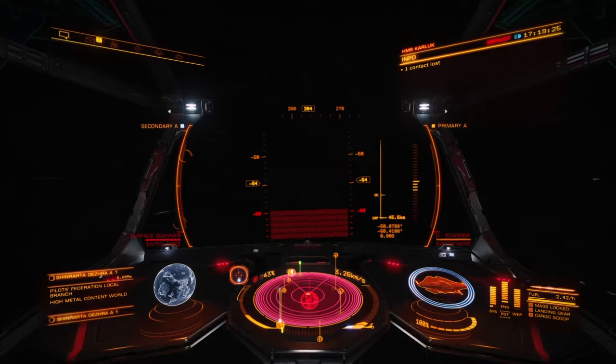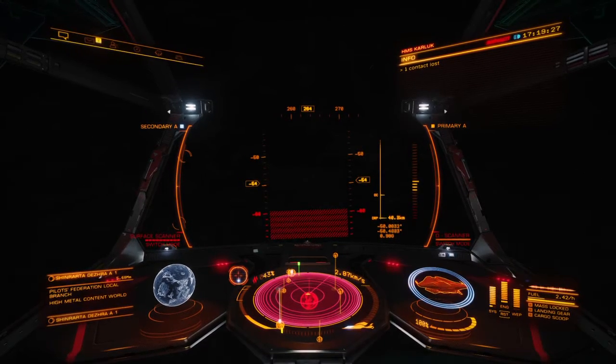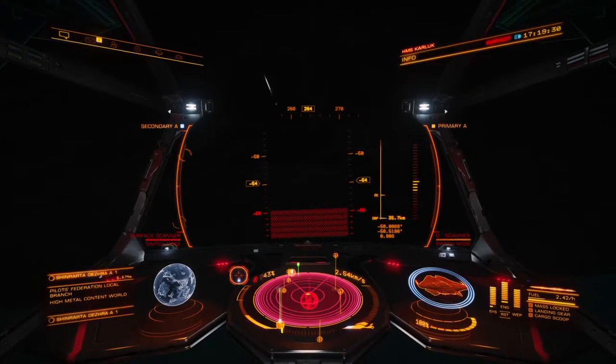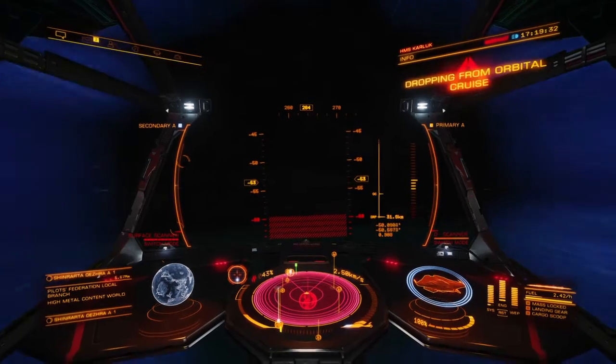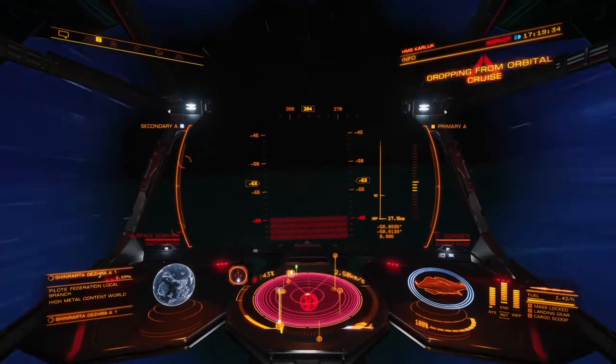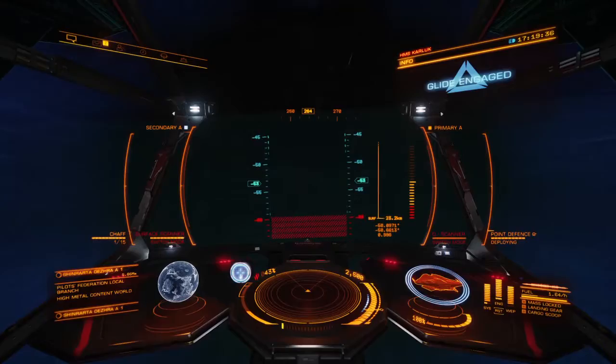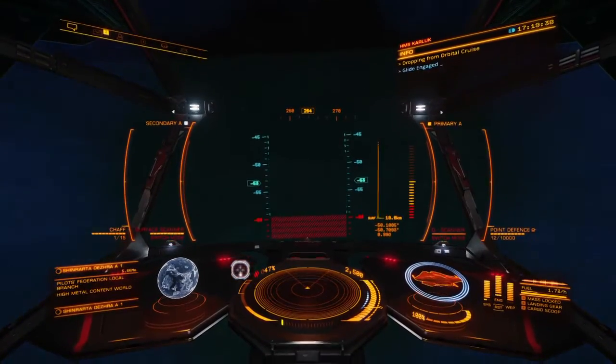and we will get down to surface level and then track our destination in normal flight because we're so close.